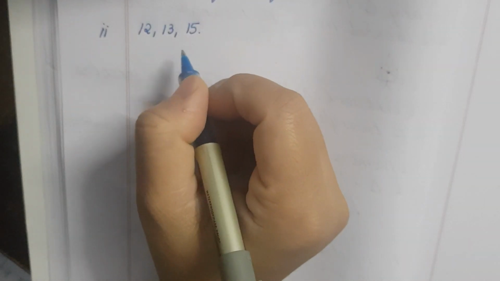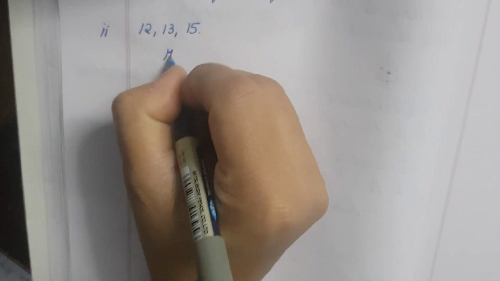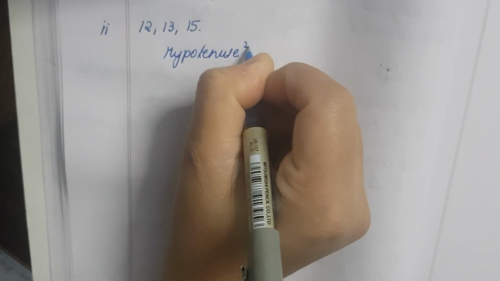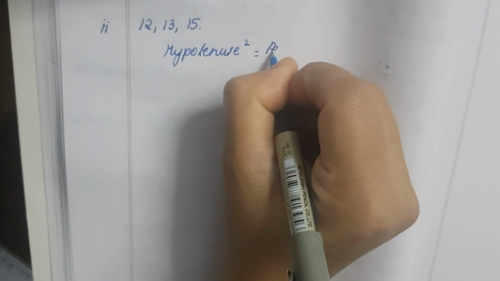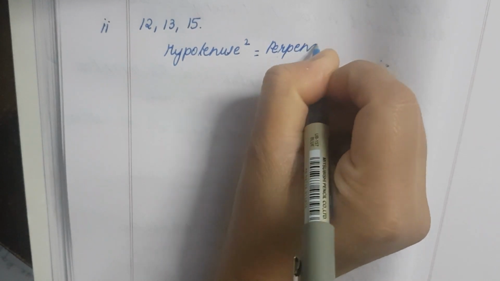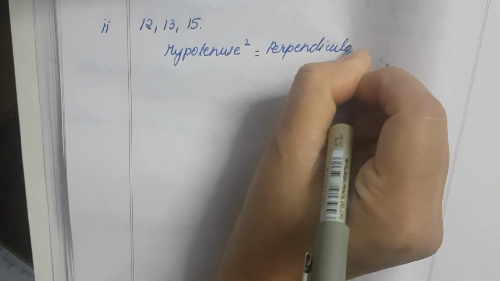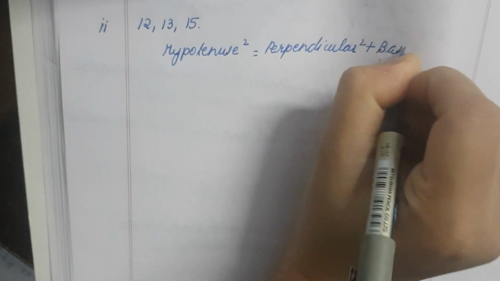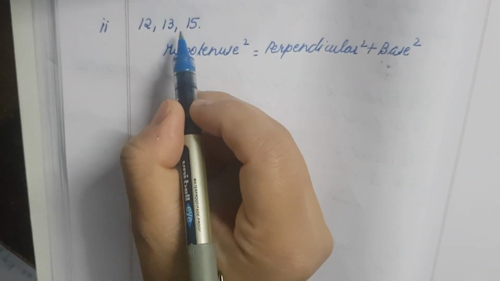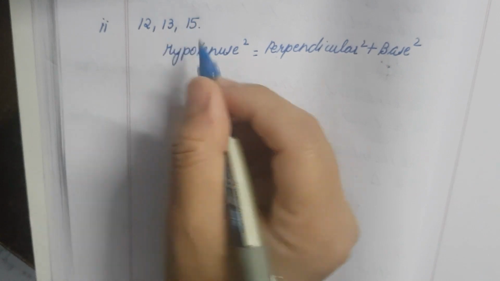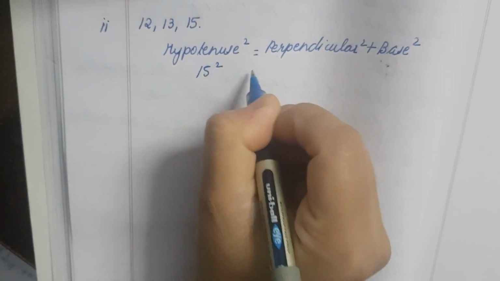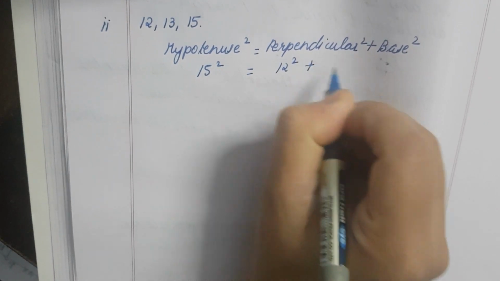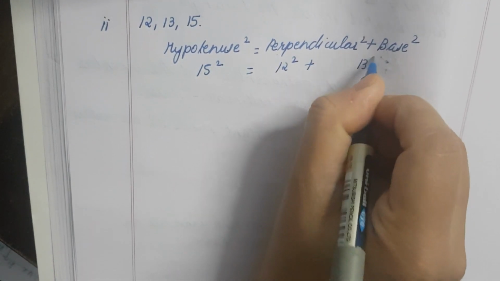Moving on to subdivision 2. So the formula is hypotenuse square is equal to perpendicular square plus base square. The hypotenuse is the longest side, so the biggest number is 15, which is equal to 12 square plus 13 square.